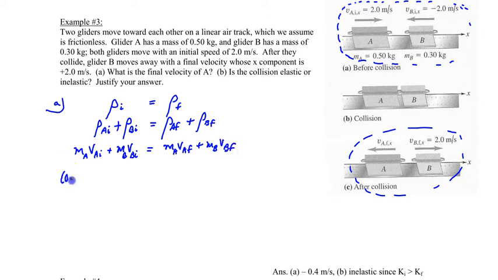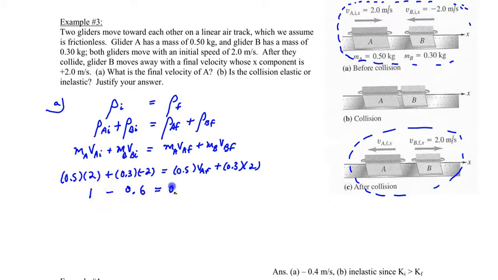So we have 0.5 times 2, and then we have 0.3 times negative 2 equals 0.5 times this unknown final velocity of A plus 0.3 times velocity B final, which is 2. So this is going to give you 1, then minus 0.6 equals 0.5 VA final plus 0.6.